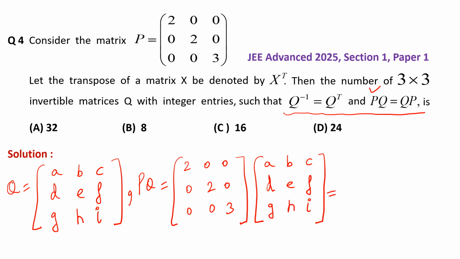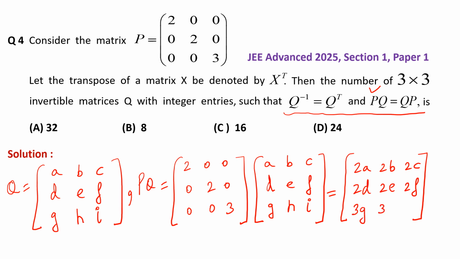Now we get the product PQ equal to a 3 by 3 order matrix, and the elements of its first row are 2A, then 2B, then 2C. In the second row we have 2D, then 2E, then 2F. And in the third row we have 3G, then 3H, then 3I.